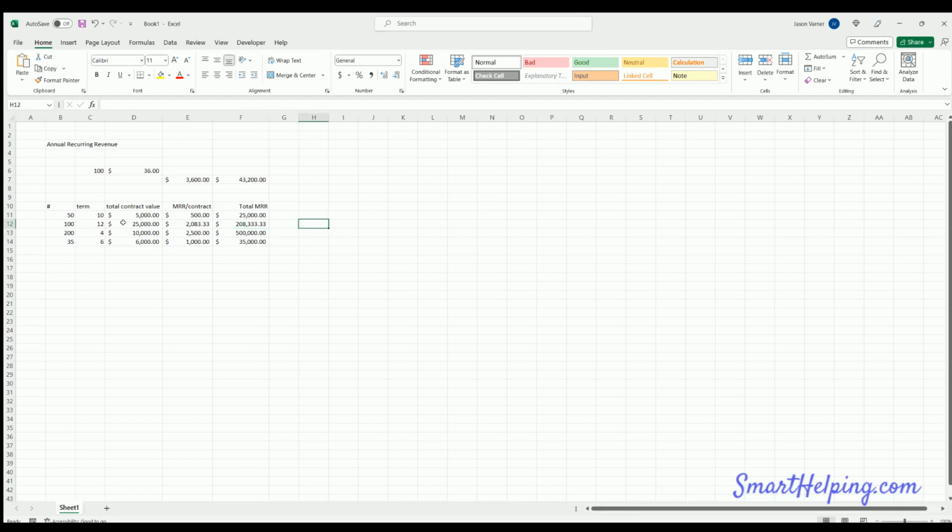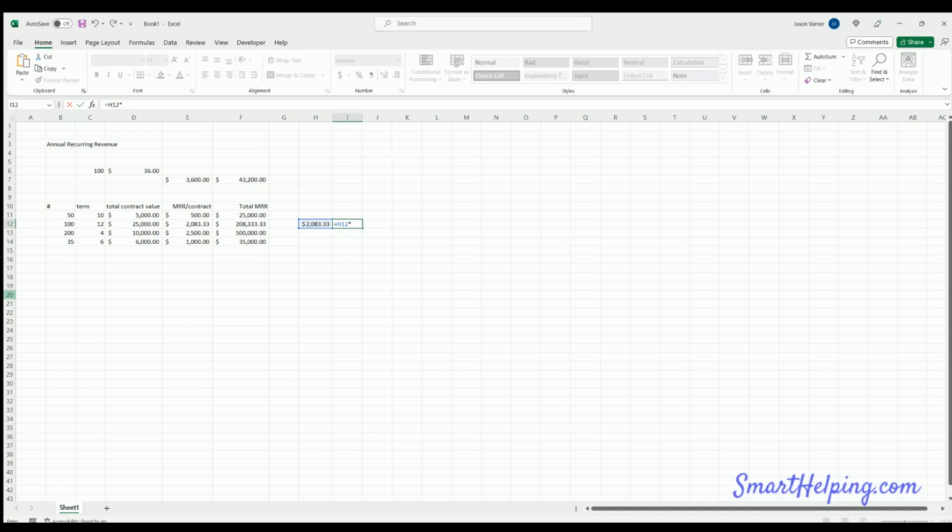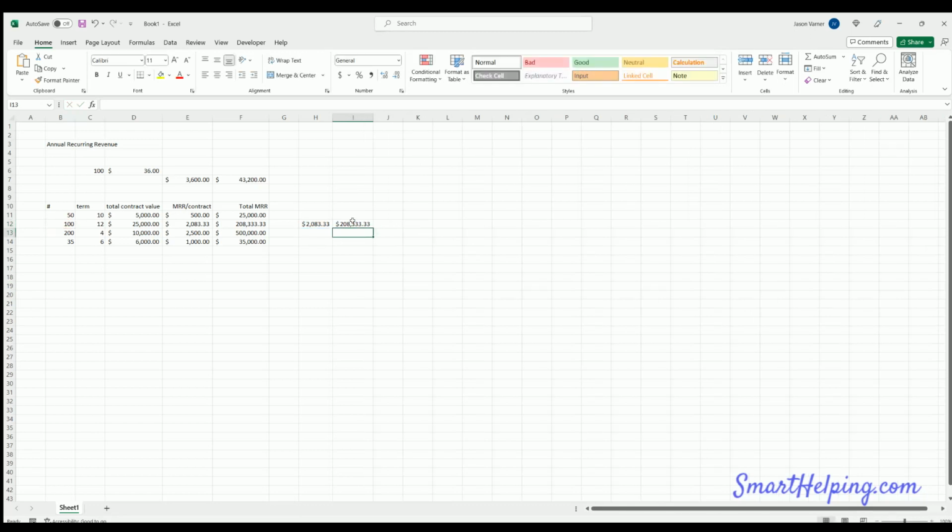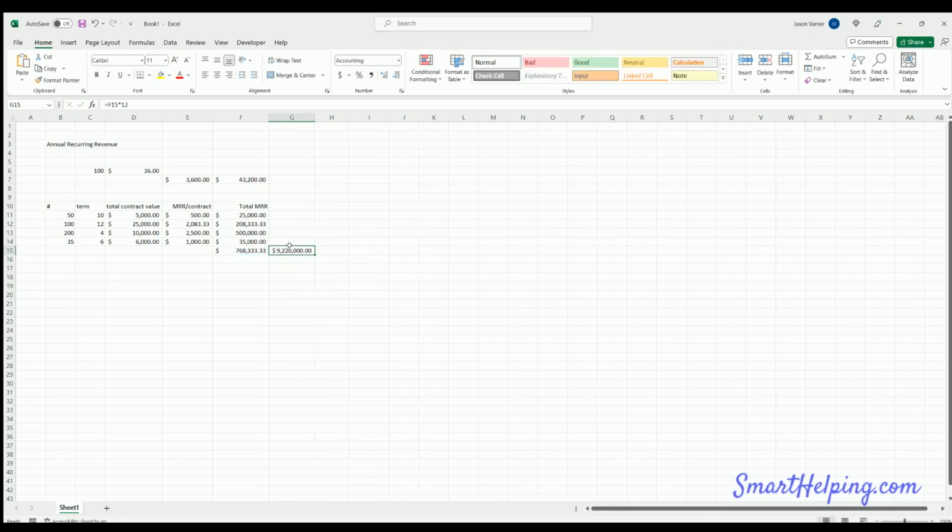Again, you're doing 25,000 divided by 12, which is about 2,000 a month, times 100, so that's how we're getting to 208. Now you sum this up. This is your MRR, 768, and for ARR you multiply that by 12, about 9.2 million.